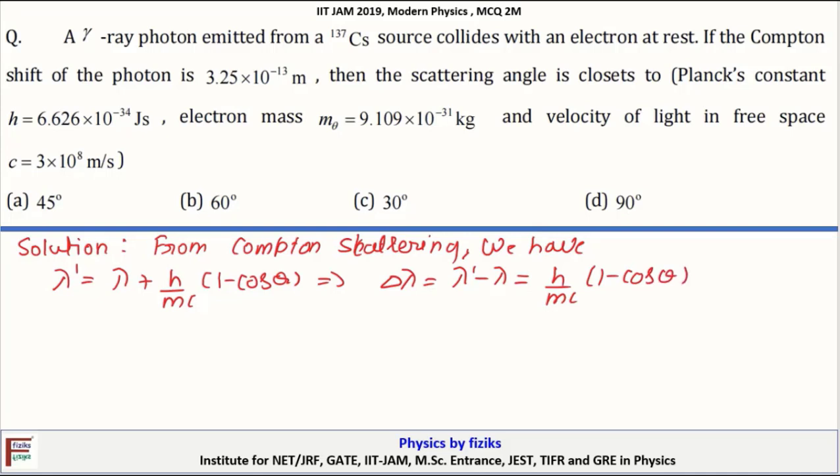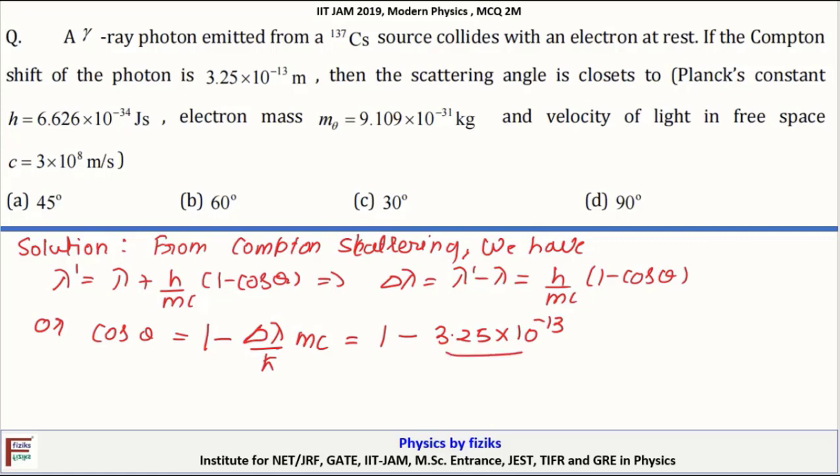Further, cos theta can be written as 1 minus delta lambda by (h by mc). Substituting the values, 1 minus 3.25 into 10 to the power minus 13 divided by h, 6.6 into 10 to the power minus 34, over 9.1 into 10 to the power minus 31 into 3 into 10 to the power 8.